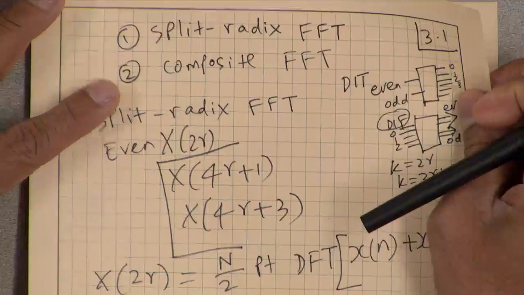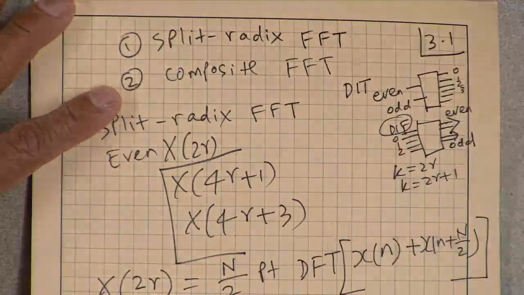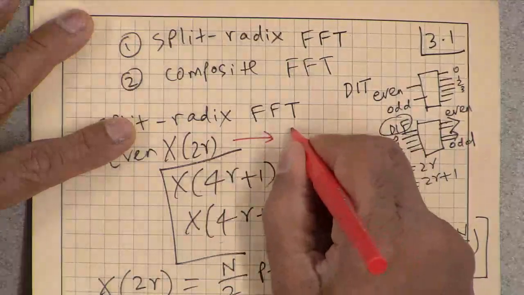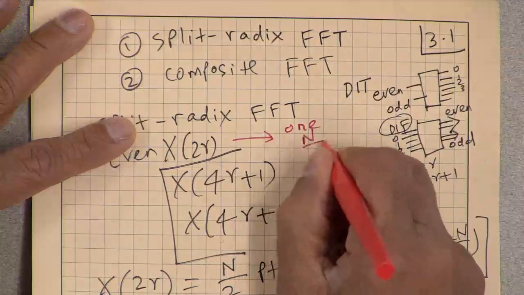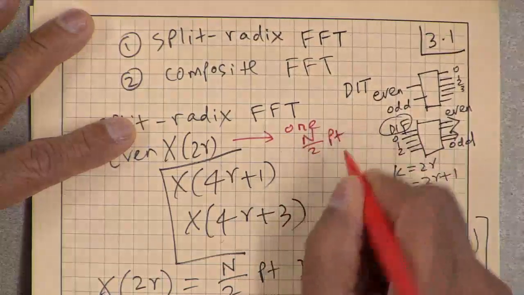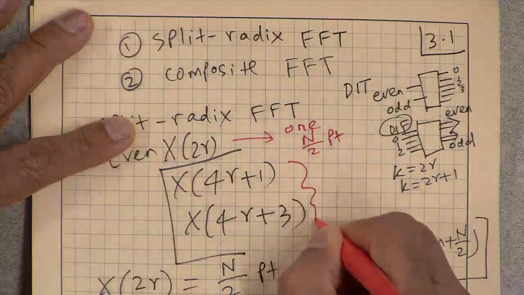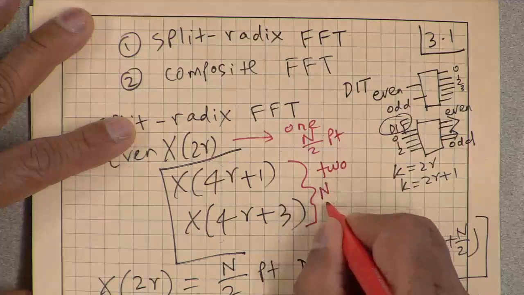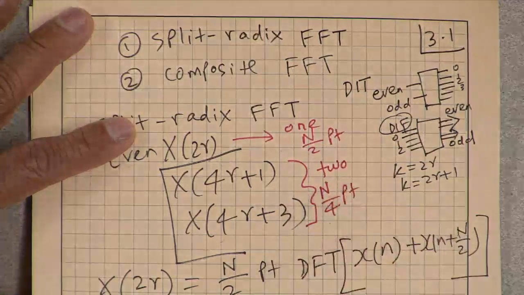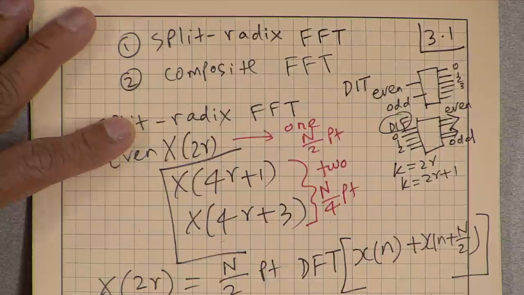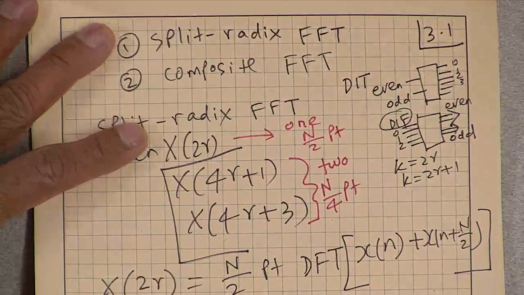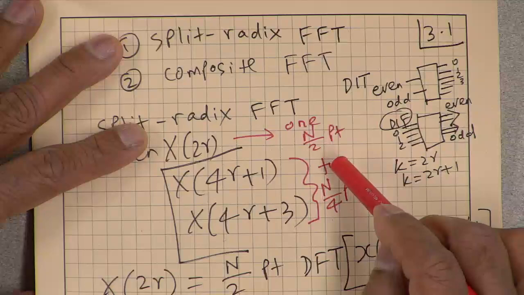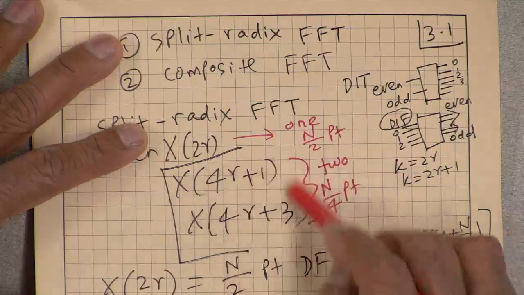Once we compute X(2r), as we wrote down here, this is computed using one N by 2 point DFT, whereas these two are computed using two N by 4 point DFTs. So that's something to keep in mind. Basically the split radix, instead of using two N by 2 point DFTs, uses one N by 2 point and two N by 4 point DFTs.